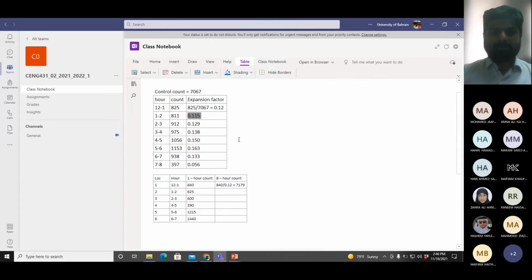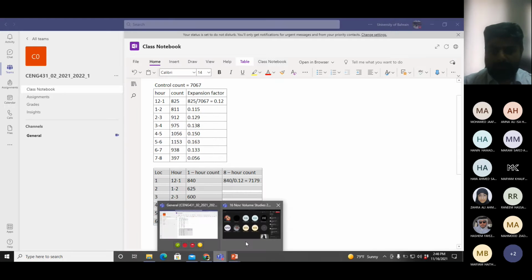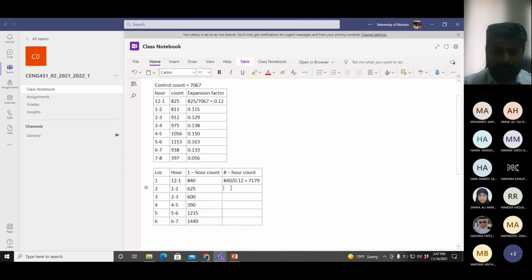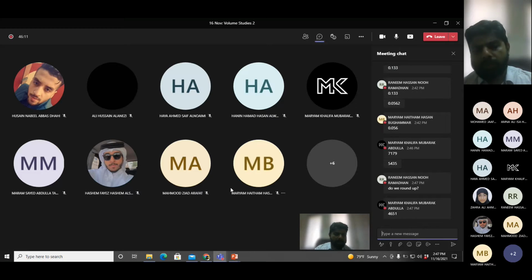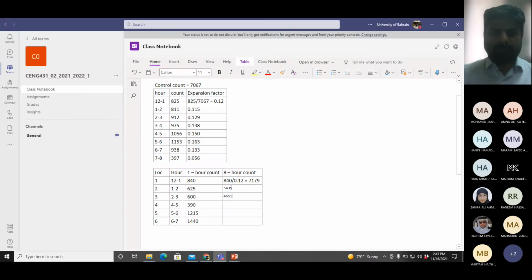So this factor, by 435. Next. Yeah, you can round off. Simple round off. Round up, round down, whatever is the nearest, just do it. 4651.